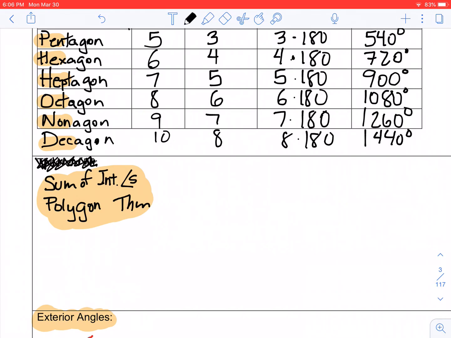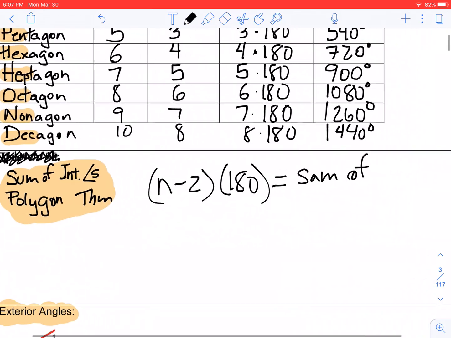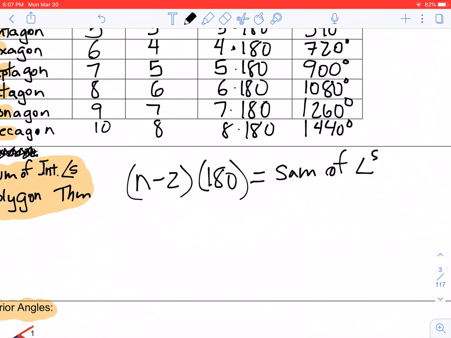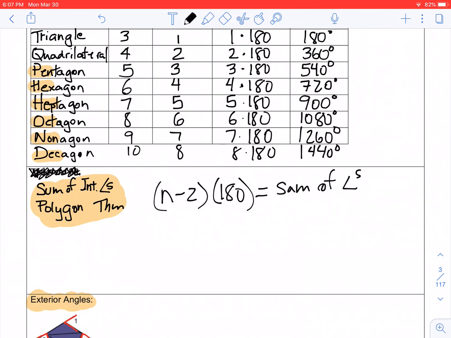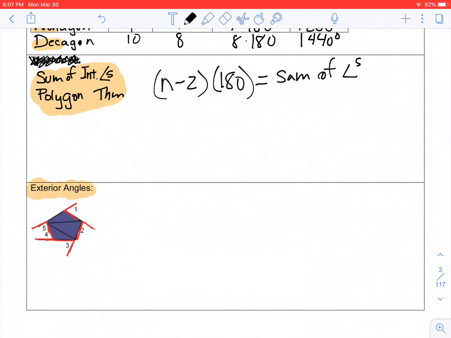So if you have a polygon, and n is the number of sides in the polygon, then n minus 2 times 180 degrees gives you the total sum of the angles. Okay, that is a very important formula. Hopefully you've seen that one before.